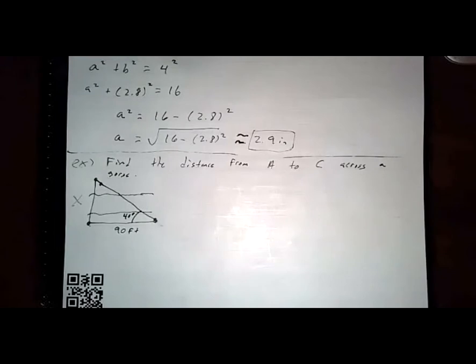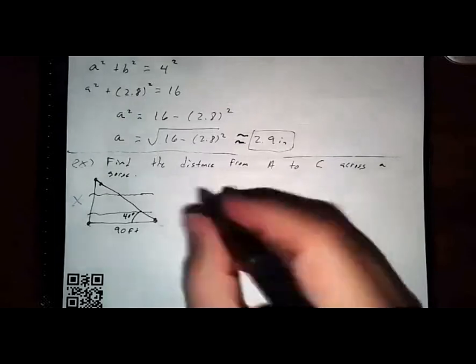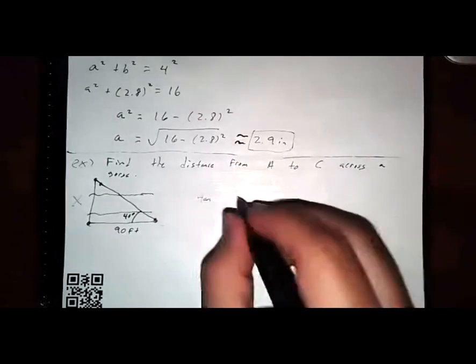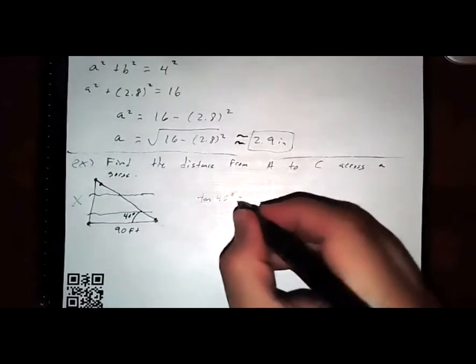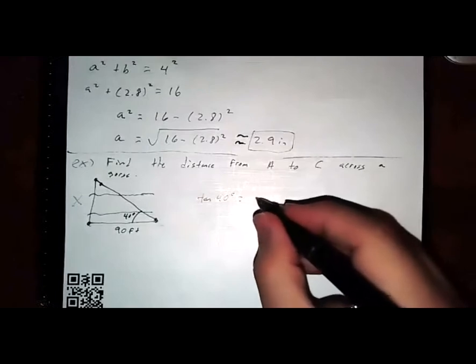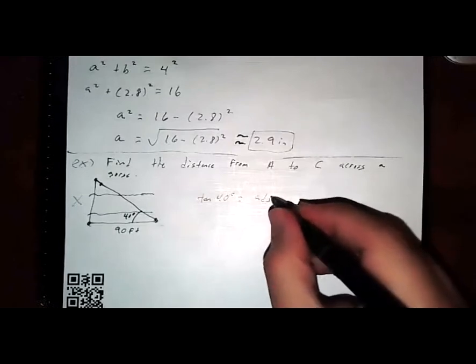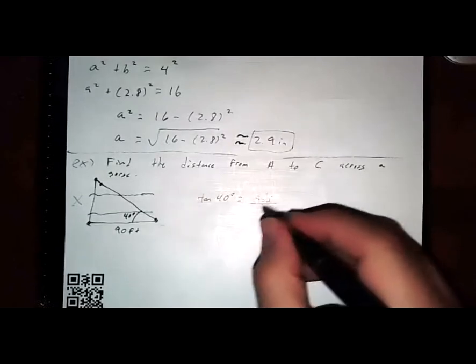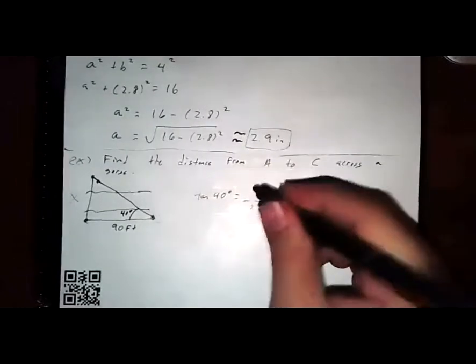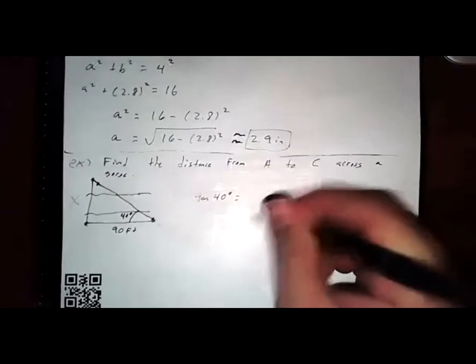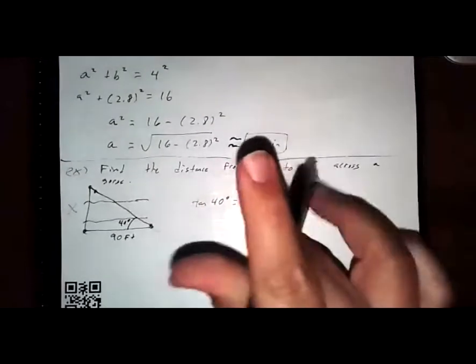Yeah, I need the X. You can use tangent. Okay. Yeah, tangent would be the one we want because it doesn't need the hypotenuse, right? Okay. The tangent of 40 is equal to adjacent over opposite. Oh, wait, I got it backwards. Opposite over adjacent.